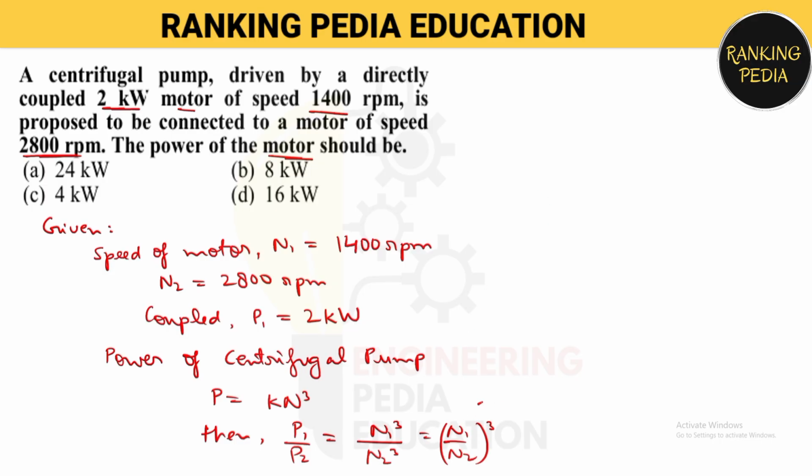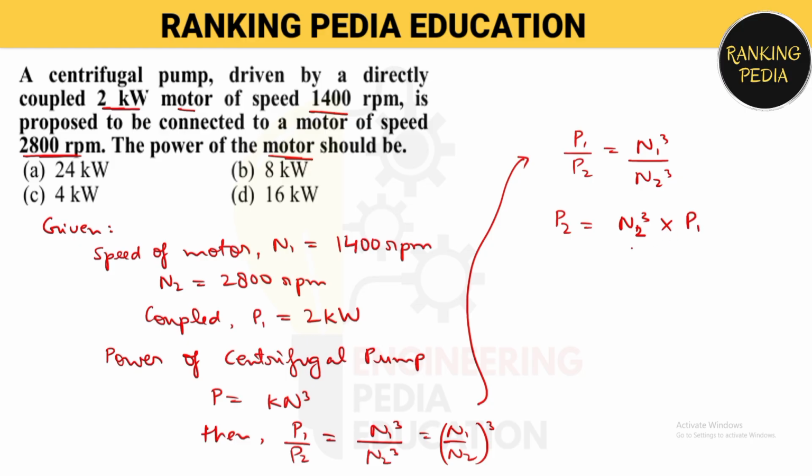So from this ratio we will calculate the power. P1 by P2 is equal to N1 cube by N2 cube, and we will be putting the values. What is N2?